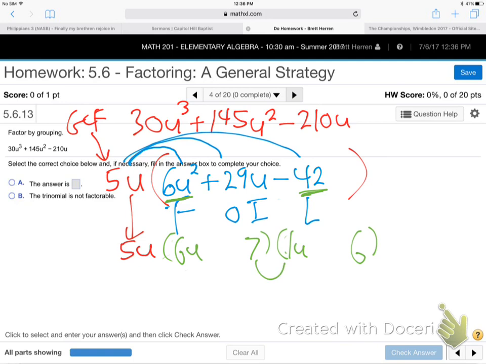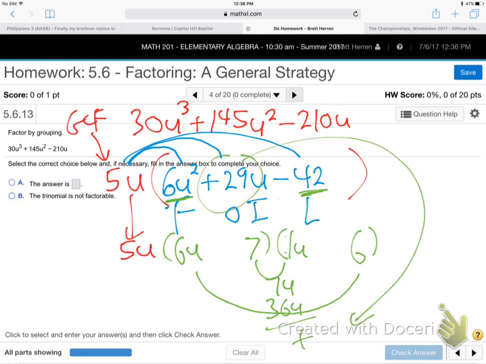And now, try the 2 inner, the 2 outer. This is 7u, this is 36u. Can they make the middle term of plus 29u? Can you read that? It's getting off the screen there.